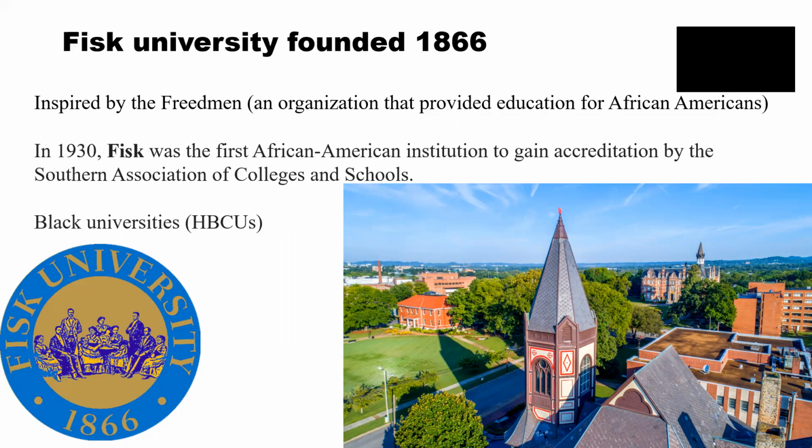And in 1930, Fisk was the first African American institution to gain recognition by the Southern Association of Colleges and Schools. So it's kind of a trailblazer in some sense, because back then most of the universities rejected African American students. So this university is designed especially to include African Americans.